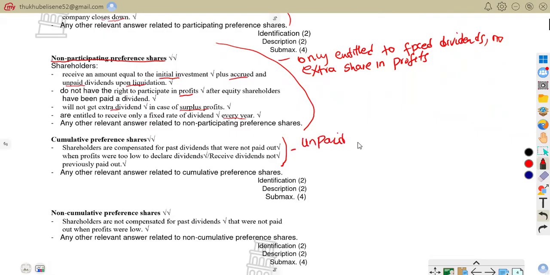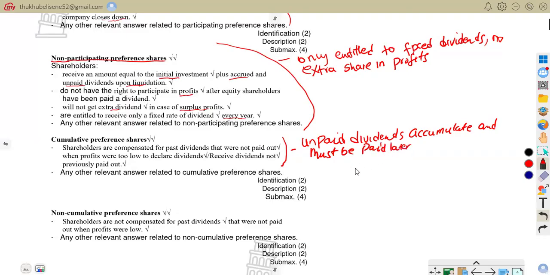Unpaid dividends accumulate and must be paid later.